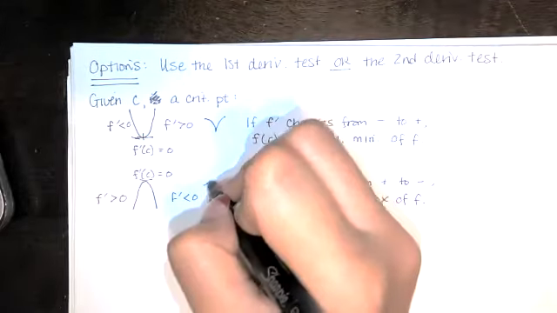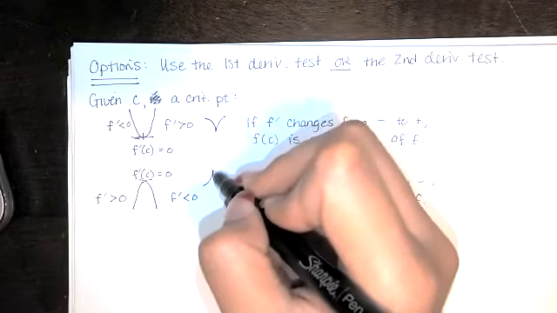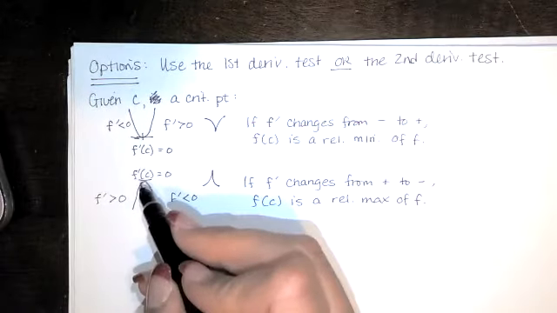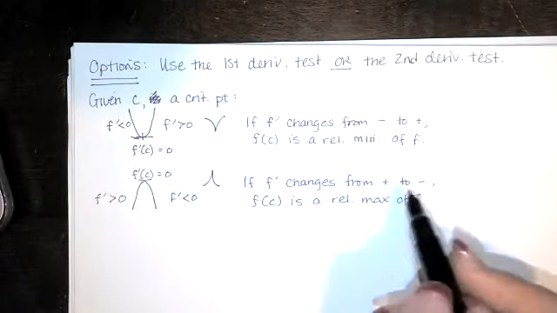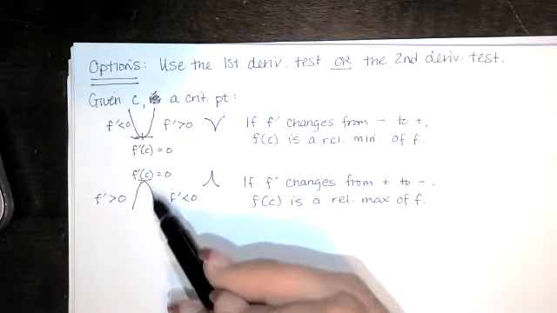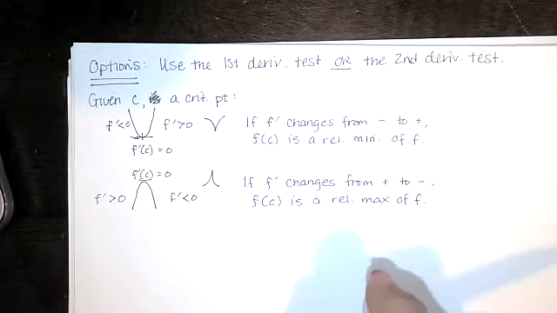So you might have a graph like this, or a graph like that, but it'd be increasing, undefined, decreasing, just like we have increasing, 0, decreasing. Either way, if it's going from increasing to decreasing, whether it looks like that or looks like that, we're going to have a relative max.